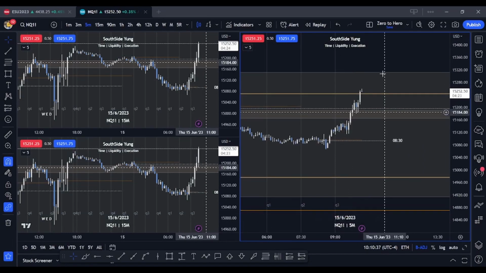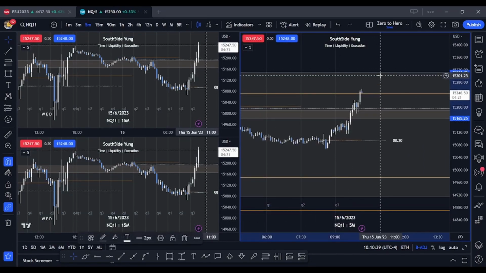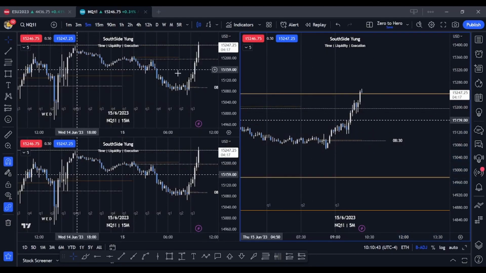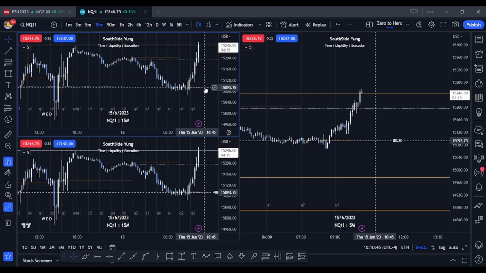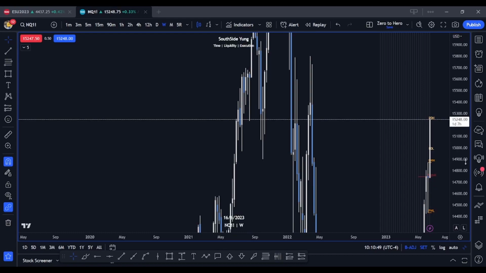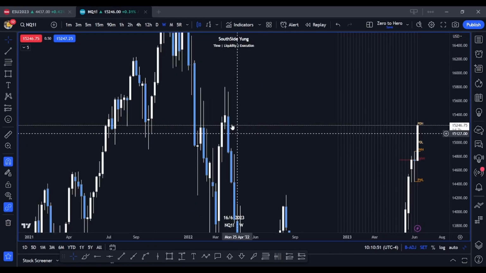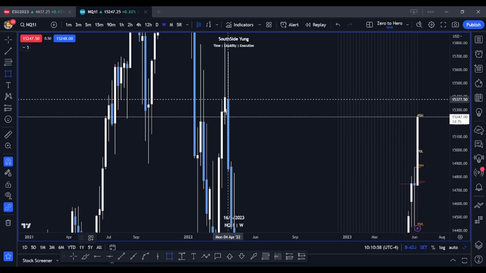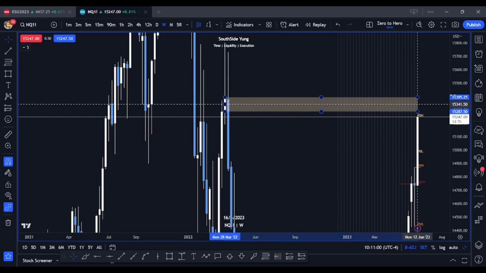Oh, I just marked this whole weekly out. I don't even know what that's marked out as. So for me, this right here is going to be our last stand for shorts. The order block right here.